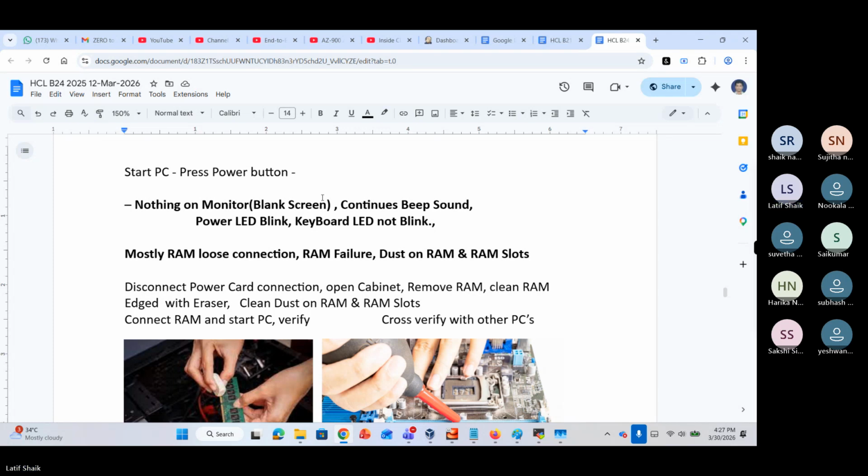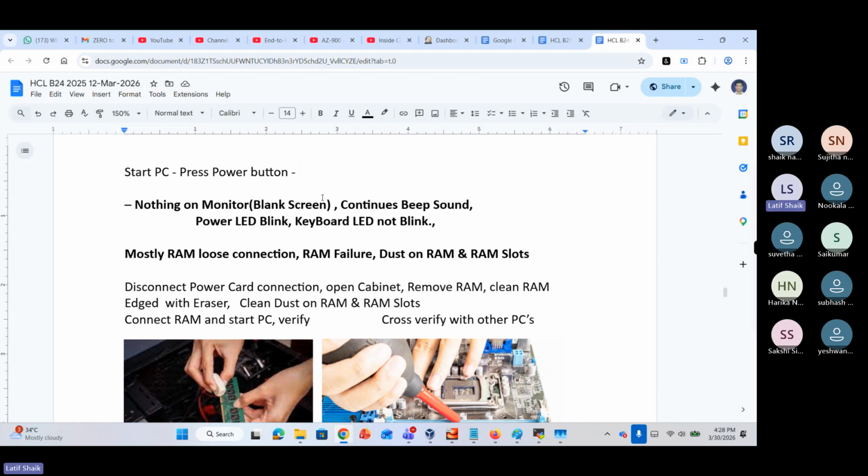Nothing showing. No error messages, no loading symbols, not even no signal symbols. So there is a blank screen. You power on the system, nothing on the screen. You may hear a beep sound or buzz sound. Power LEDs blink. Keyboard LEDs are not blinking.